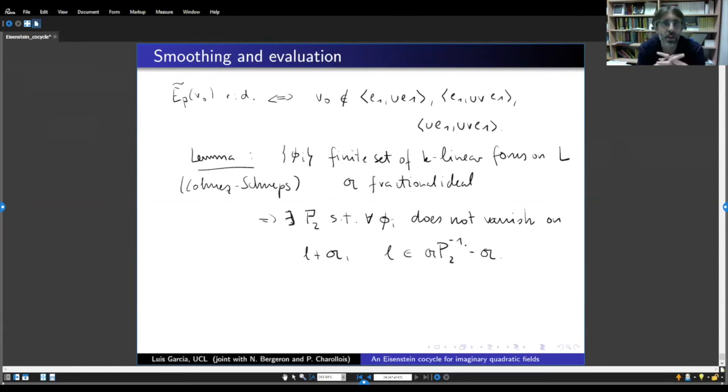I think this is the right formula to try to extend to higher dimension. If someone is working on that, then it would be nice to discuss.